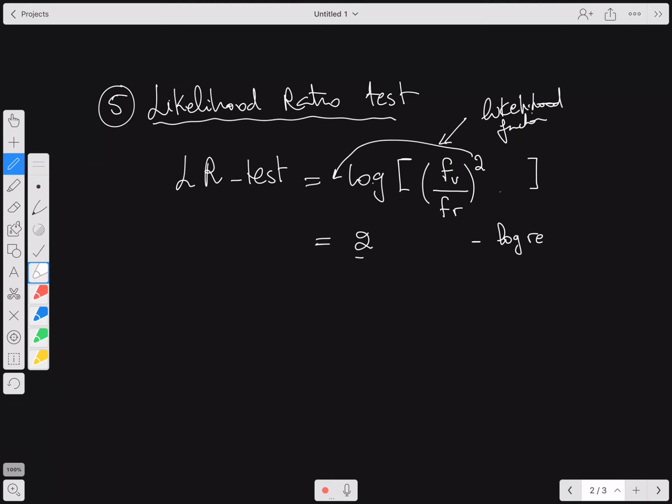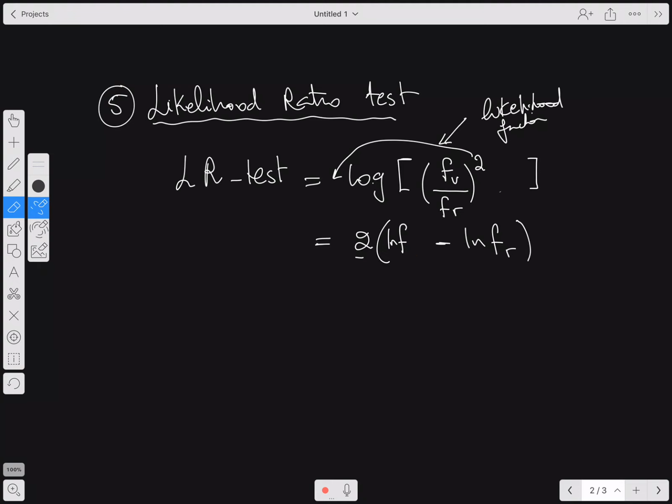So I'm going to have 2, and then a bracket of log f unrestricted minus the log f restricted.